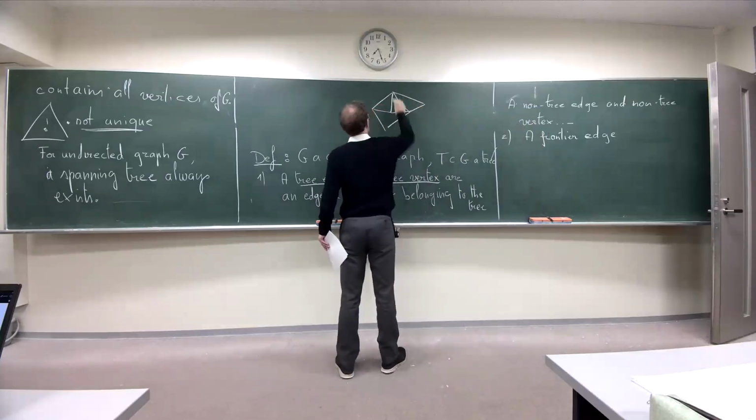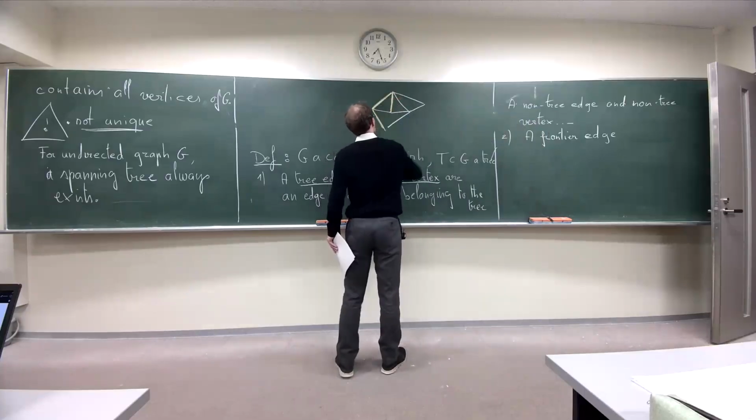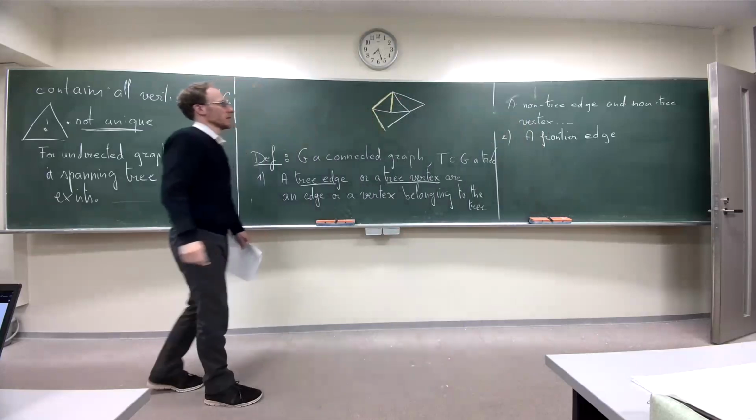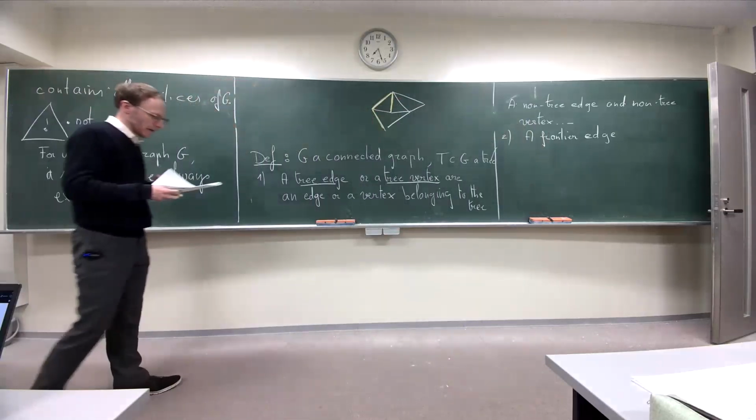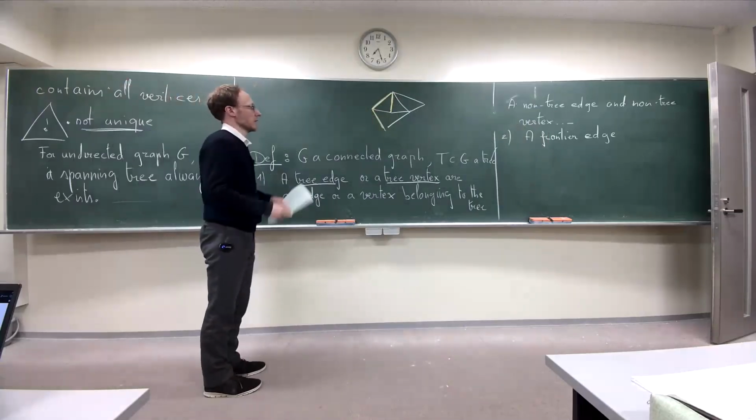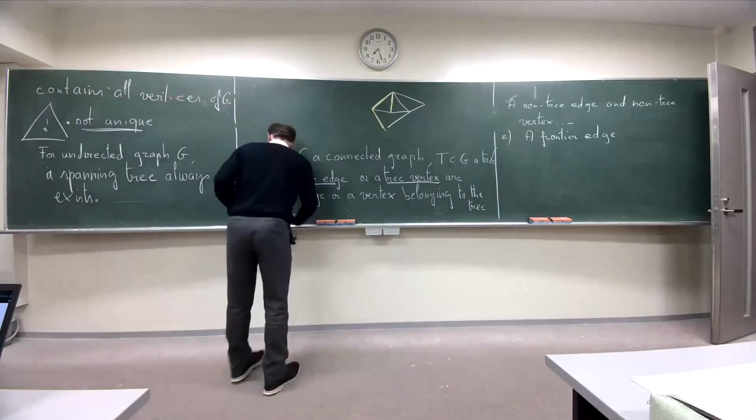And I built a tree, so let me build this tree. This is a tree, it's not a spanning tree, but still it's a tree in yellow. So what is a frontier edge?